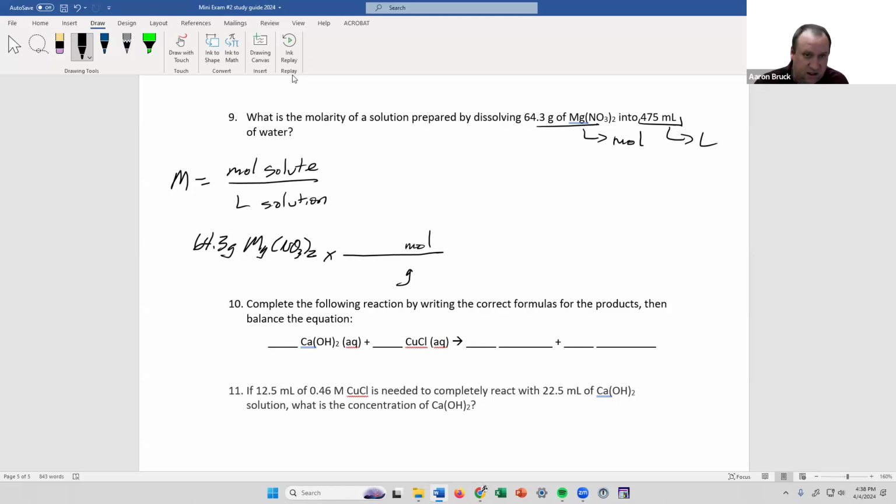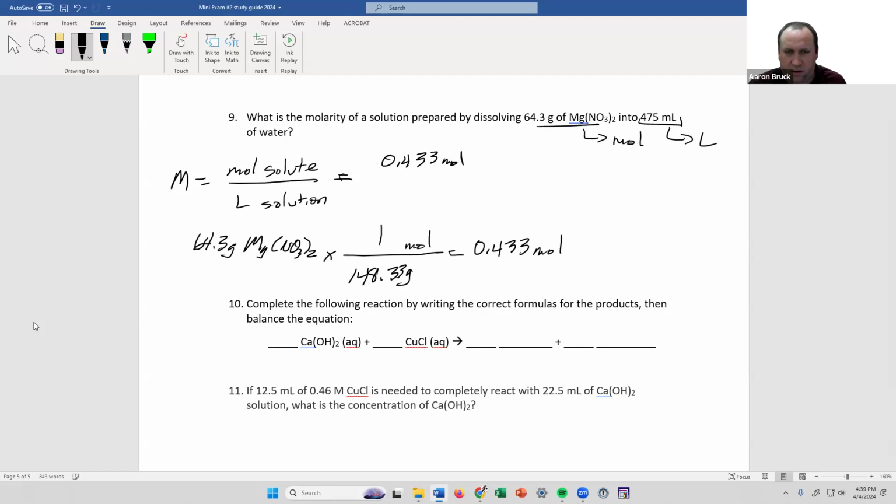Oxygen is 16, and there are 6 of them. 148.33 is the molar mass. Since we're only converting to moles, that's the only step in our calculation. 64.3 divided by 148.33 is, to three significant figures, 0.433 moles of magnesium nitrate.